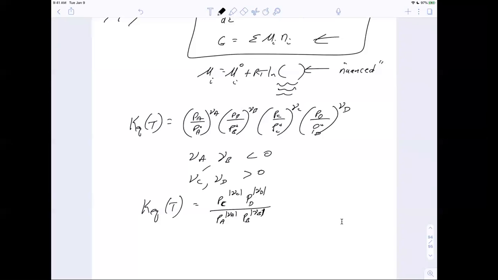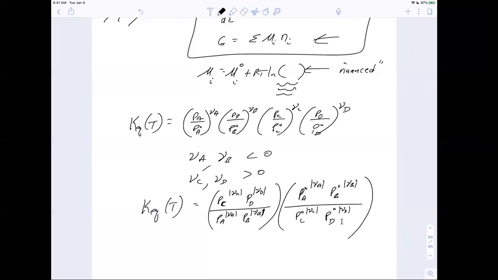And now we have another term that has all those P superscript zeros. That term is just going to be PA superscript 0 raised to the magnitude of nu sub A, PB superscript 0 raised to the magnitude of nu sub B, and then PC superscript 0 to the nu C, PD superscript 0 to the nu D. And of course, they're flipped now because all of those superscript 0 things were on the bottom.